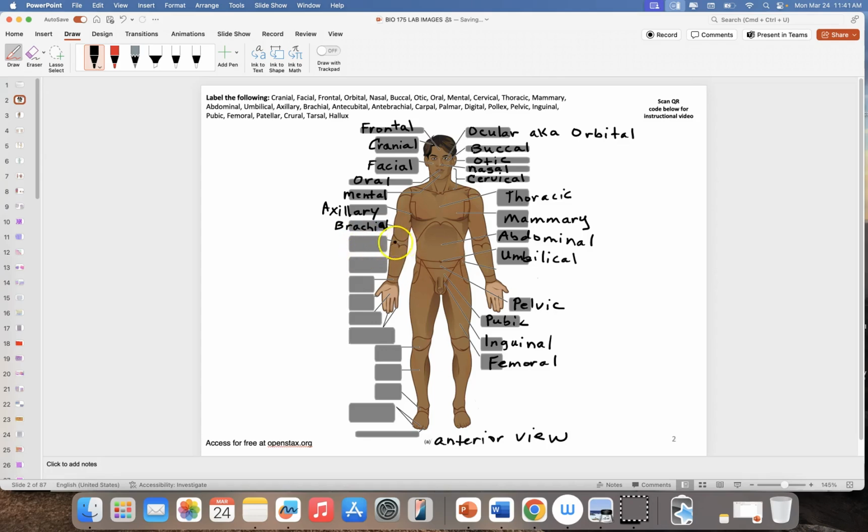The front of the elbow is antecubital. And then the forearm is antebrachial.